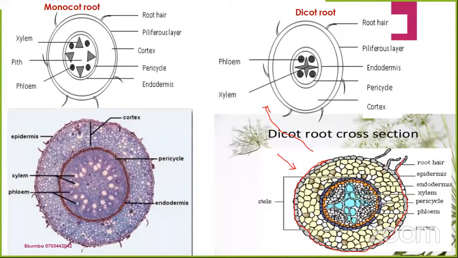Of course, here they showed only a few, because root hairs are very easy to damage when you are cutting off a thin slice. Sometimes you may never find any when all of them have been damaged. This one is drawn using two lines. You can either call it epidermis or piliferous layer. Dermis just means skin.